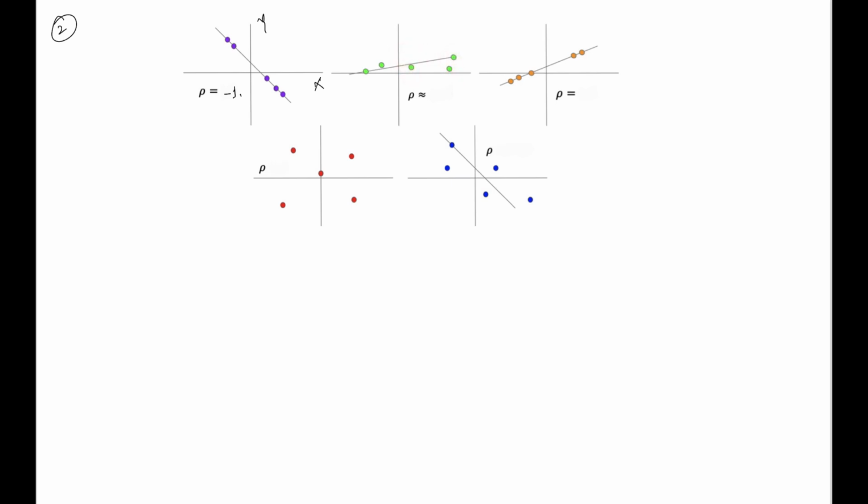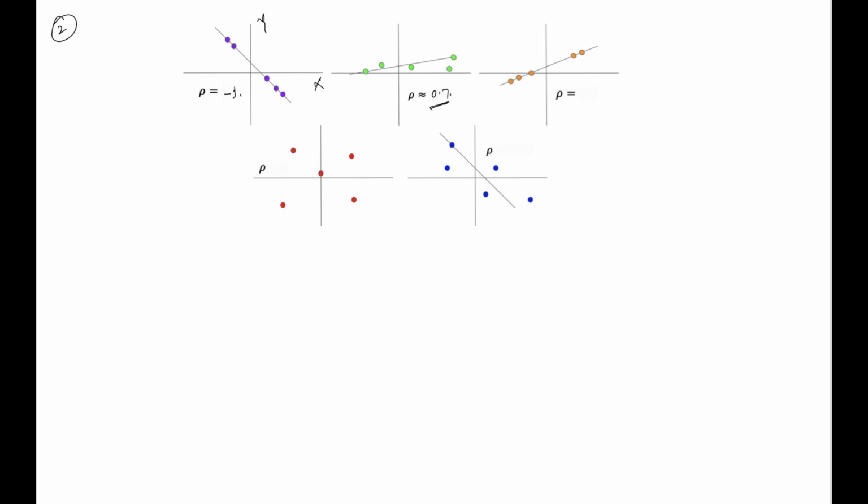We could say it has some positive correlation coefficient, maybe approximately 0.7 or 0.8, something like that.